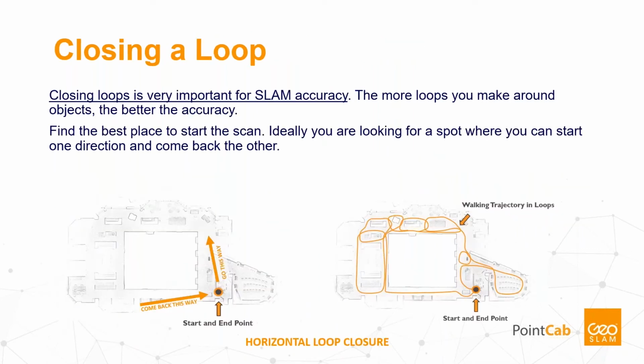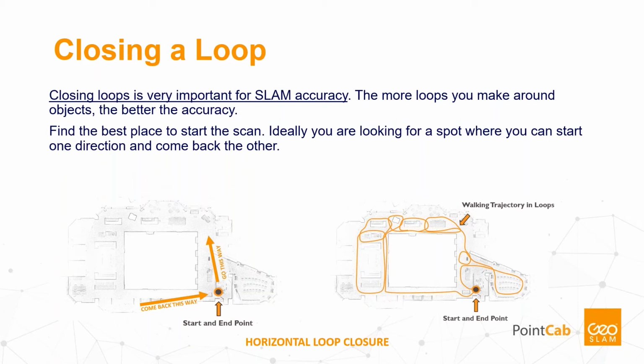Now, the loop closure is important in order to achieve the best possible scan accuracy. So in this example, start and finish always, if possible, should be approached from different directions. And making use of any rooms, any openings to be able to make those local loops rather than just walking in the straight direction.